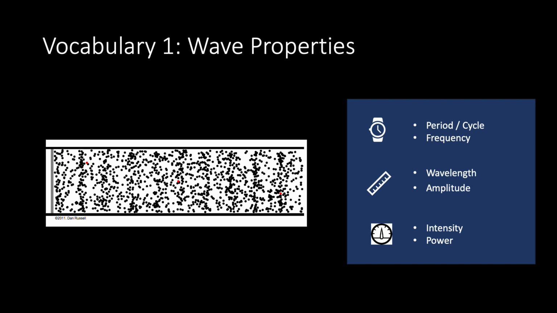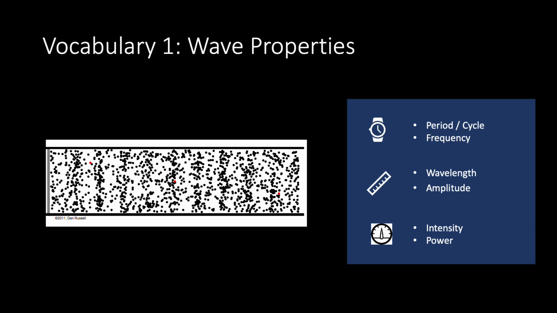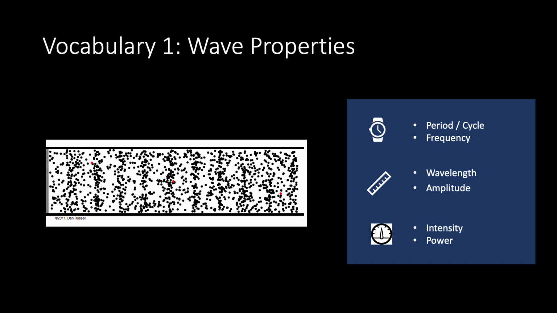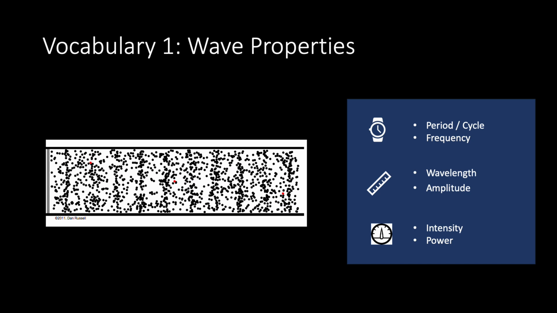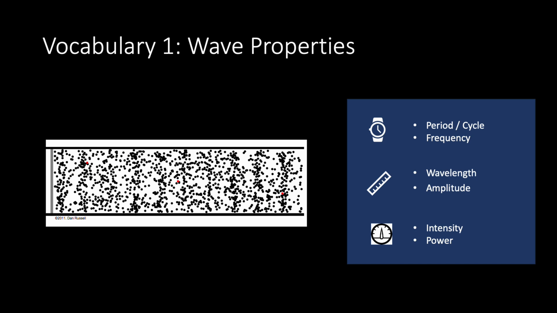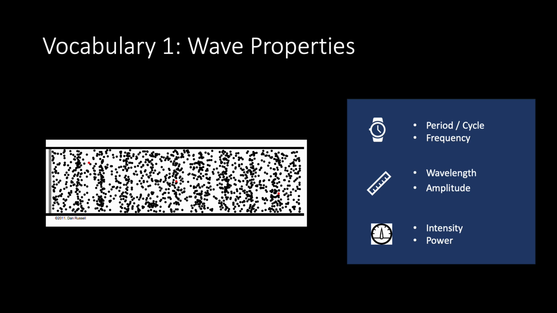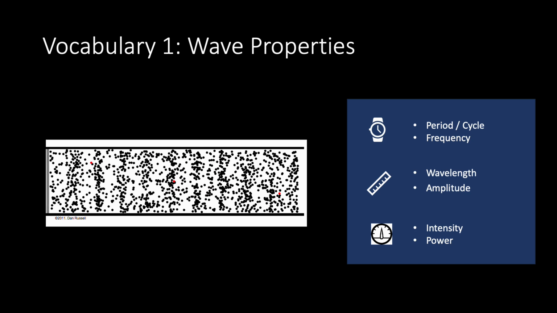Now, while we've described waves using wavelength and frequency and period and amplitude, it's important to remember that the types of waves that we're dealing with in ultrasound are longitudinal waves, meaning that the particles moving in the wave as it travels through a tissue are moving in the same direction. And I think this animation really shows that well.